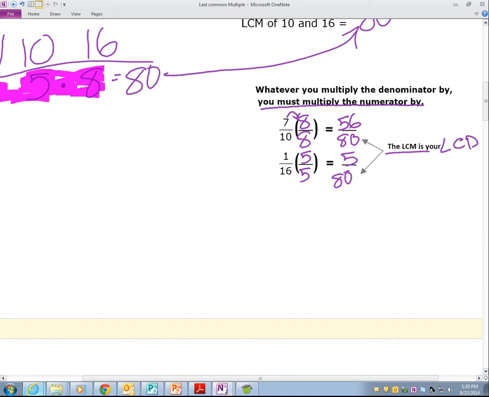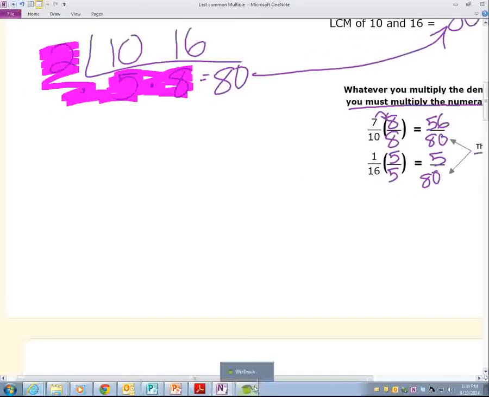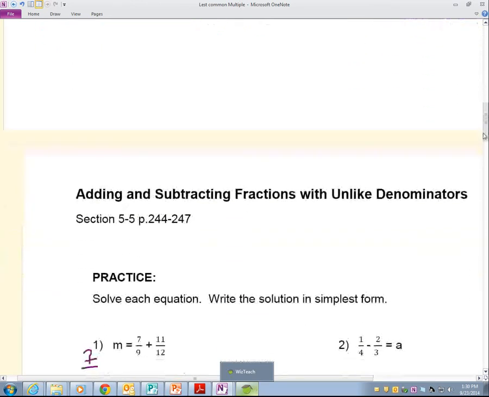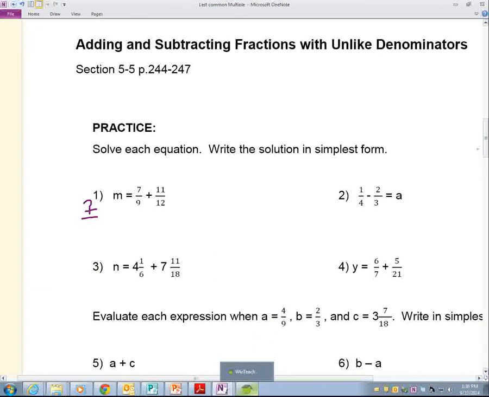Okay. What? No, because 80 is your LCD, and your LCD is your LCM. Trey. No. Your age group, all you probably heard is LED. It used to be LCD.